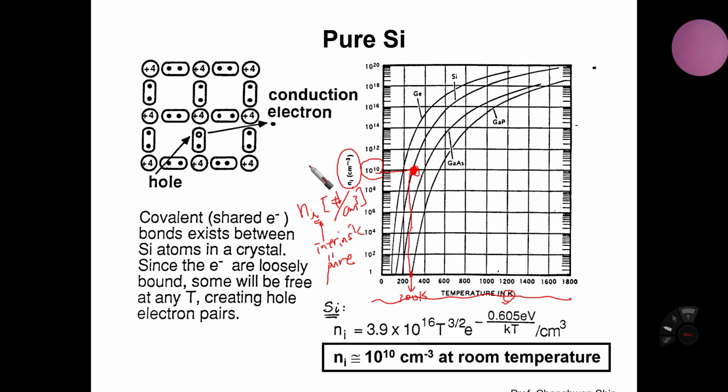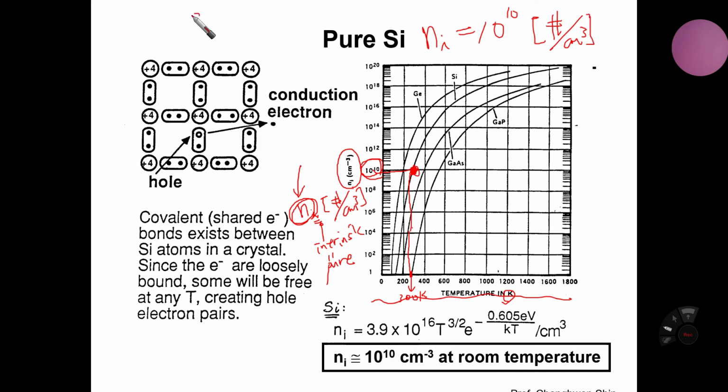So pure silicon has been exposed to thermal energy so that a certain number of conduction electrons are created. We need to understand how many. The answer can be found in this plot. The number is 10 to the 10. Again, n sub i is 10 to the 10, in the unit of number per cubic centimeter.